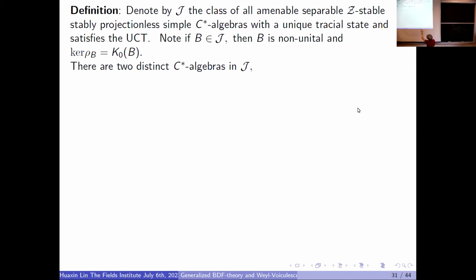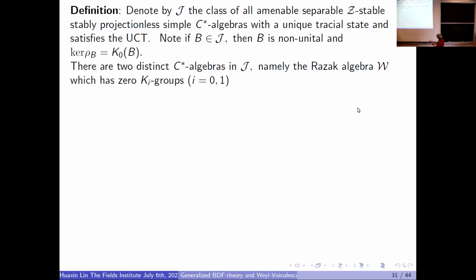Actually, let me put it this way: in the J, I also want the kernel of this to be the whole K theory. This is not a consequence, but an assumption. There are two distinct C-star algebras in this class. Namely, one is the Razak algebra, W, which has a trivial K theory.